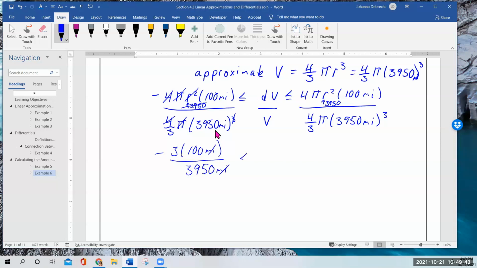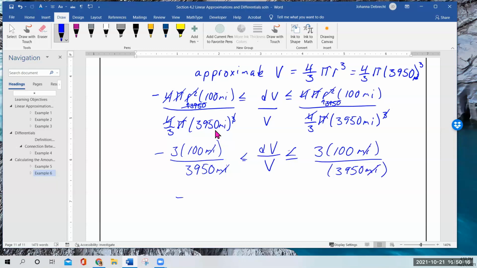On the right side, we have dV divided by V, which is less than or equal to, again, cancellation of the 4, cancellation of the pi, cancellation of 2 of the 3,950s. The 3 flips to the top. We have 100 times miles, and in the denominator, 3,950 miles. Now let's take and see what this value turns out to be.